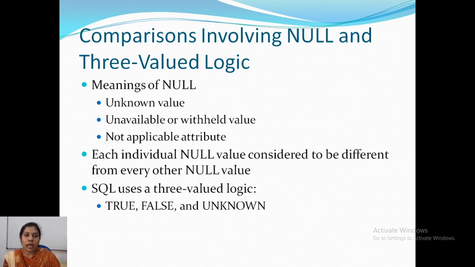At that moment you don't know his passport number, so the data is unknown. Unavailable means even though you have the information, you don't want to put that value in the table or in the database.